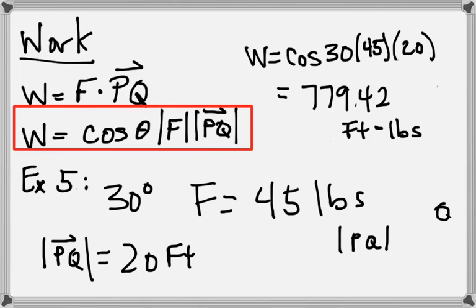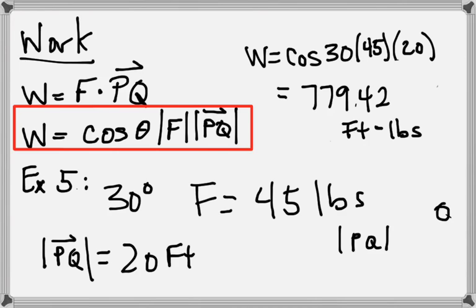I'm going to give you the actual force vector, but you have to find the magnitude of that vector. You might not be given the distance it travels, but you might be given the coordinates that it went from one place to the next. You'll have to find that distance. It usually is a horizontal distance, so finding that is just a matter of counting. I might not give you the actual angle between the vectors. I might actually give you the two vectors and ask you to find the angle itself.